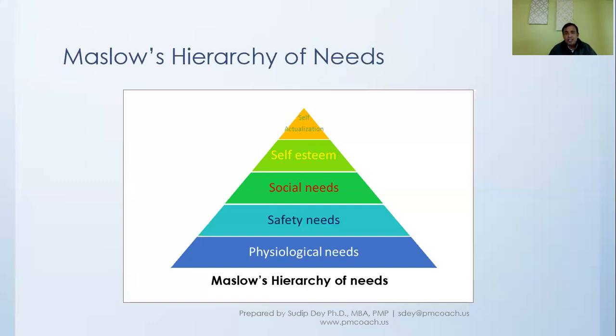Now, this is Maslow's hierarchy of needs. So let's think for a moment, what does this really mean to us as project managers? As a project manager, when we are dealing with the team, we would start with safety needs, assuming that everyone has the basic physiological needs.